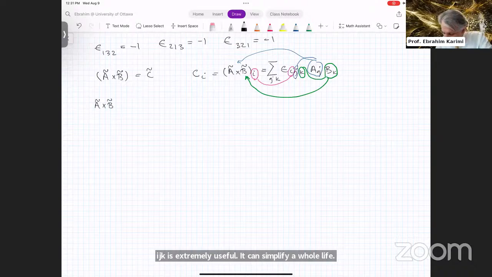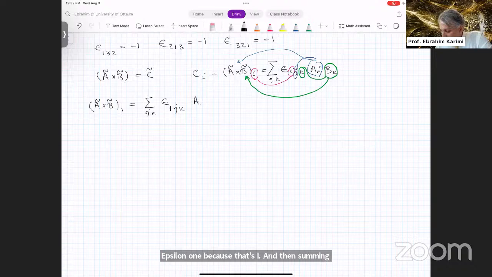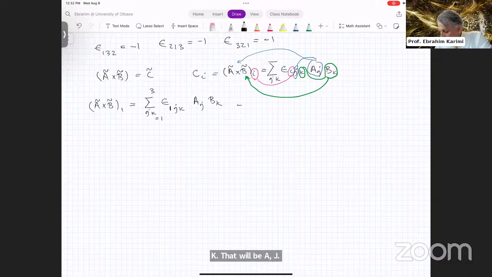So look for the first component of A cross B. That is given by the summation over j and k of epsilon 1jk, because that's i, times A_j B_k. But now j and k change from 1 to 3, so let's expand it.